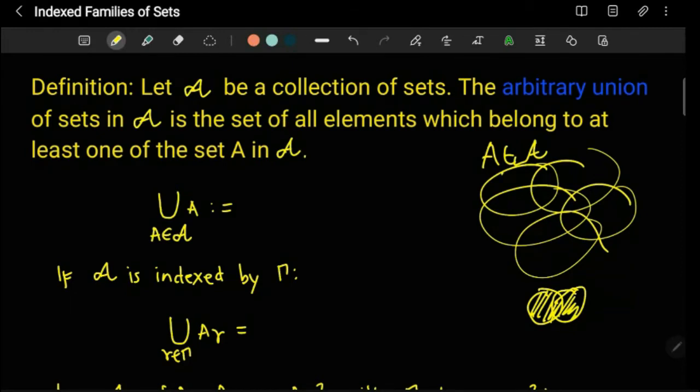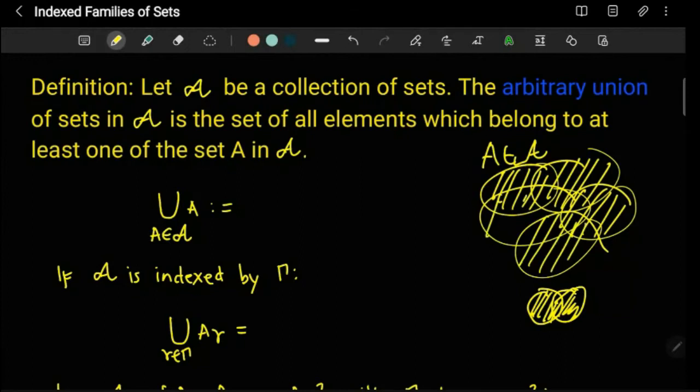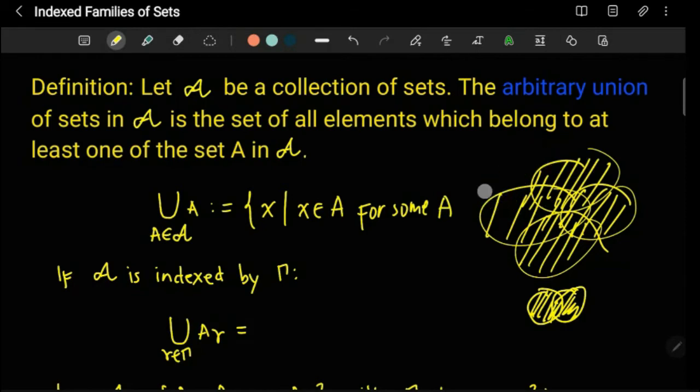Lahat ng element nitong set na to, together with the elements of this set, together with the elements of this set, and so on, kung gaano man kadami yung A mo. So, all of those objects X belong to the arbitrary union. So, this is all objects X such that X is an element of A for some A in our collection.